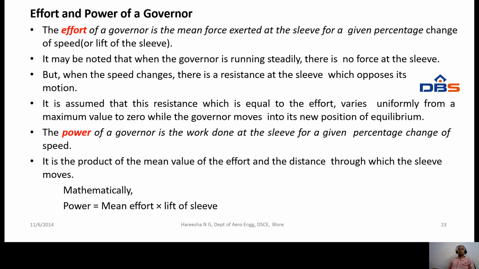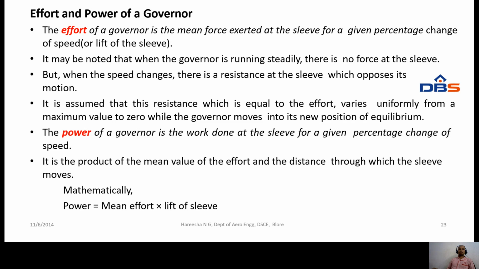So effort and power are interrelated. The effort of the governor is the mean force exerted at the sleeve for a change of speed, and the power is the work done at the sleeve for a given percentage change of speed.